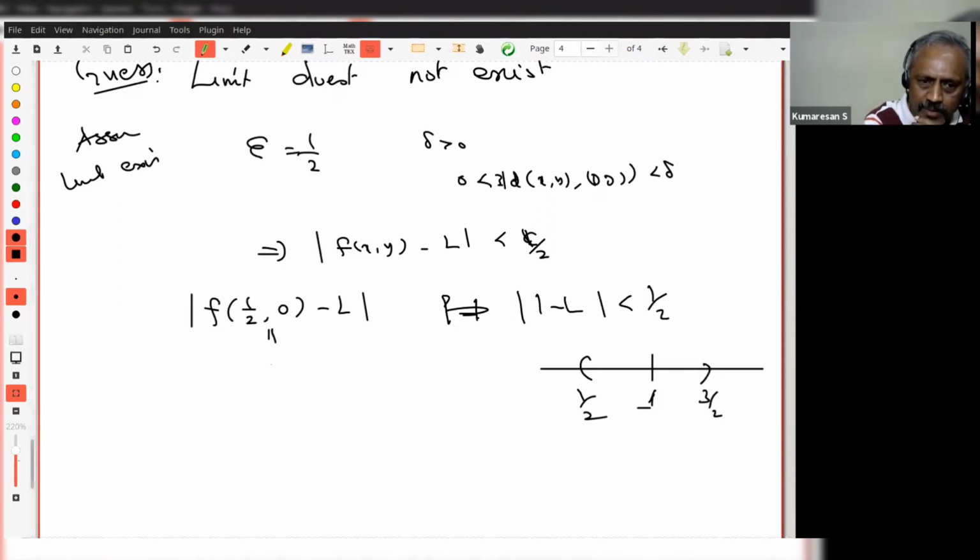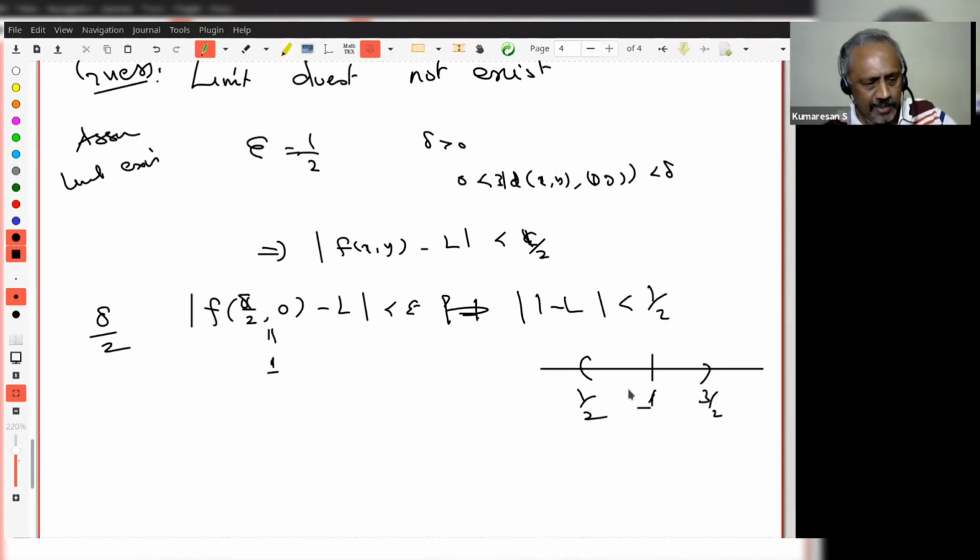See, this is always 1, right? And I can choose a delta, for example, delta by 2. Then the point (delta by 2, 0), its distance from (0, 0) will be less than delta. You understand? Therefore, |f at this point minus L| should be less than epsilon. But my epsilon is half. You follow that? But this value is always 1. Therefore, |1 minus L| should be less than half. That means my L should lie within half distance from 1. So I'll wait for 10-15 seconds.